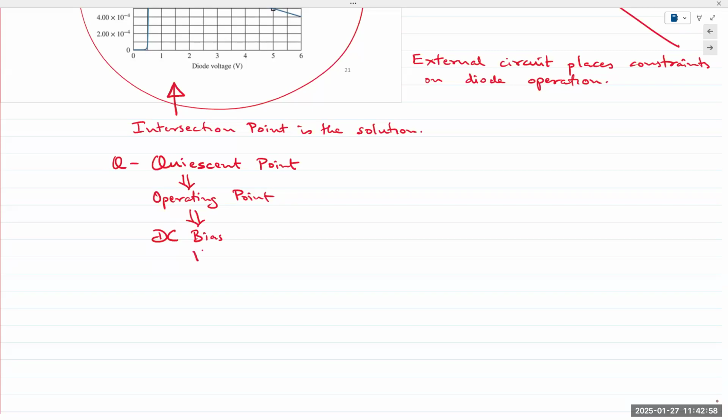It's also the constraint placed on the diode. And we'll refer to DC bias when we get to BJTs, transistors, MOSFETs, FETs. You would apply a DC voltage, DC current to our devices. Now we fix the operating point, and then we apply an AC signal on top of it.